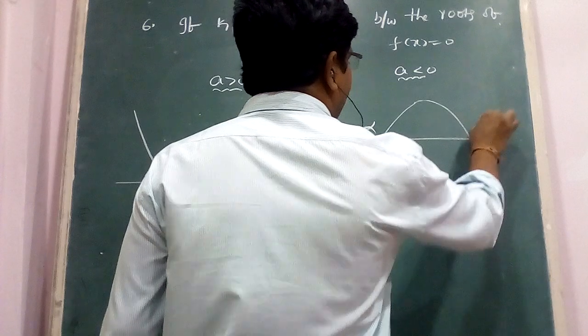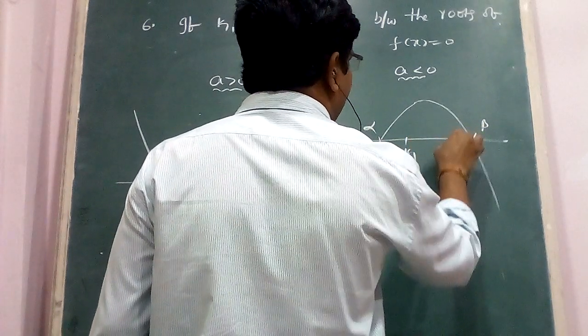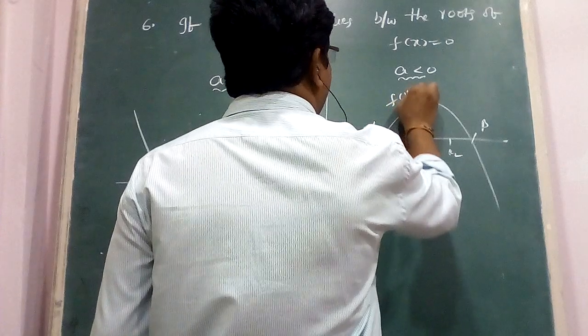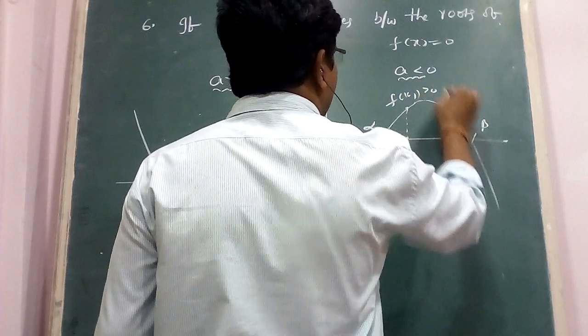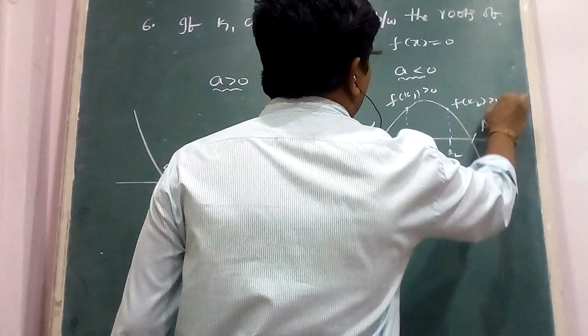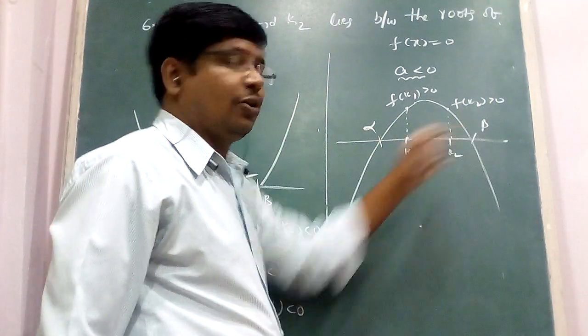Alpha, beta, k1, k2. Here f of k1 is above the x-axis, positive, and f of k2 is also above the x-axis, positive. These two are never equal, the roots are distinct.